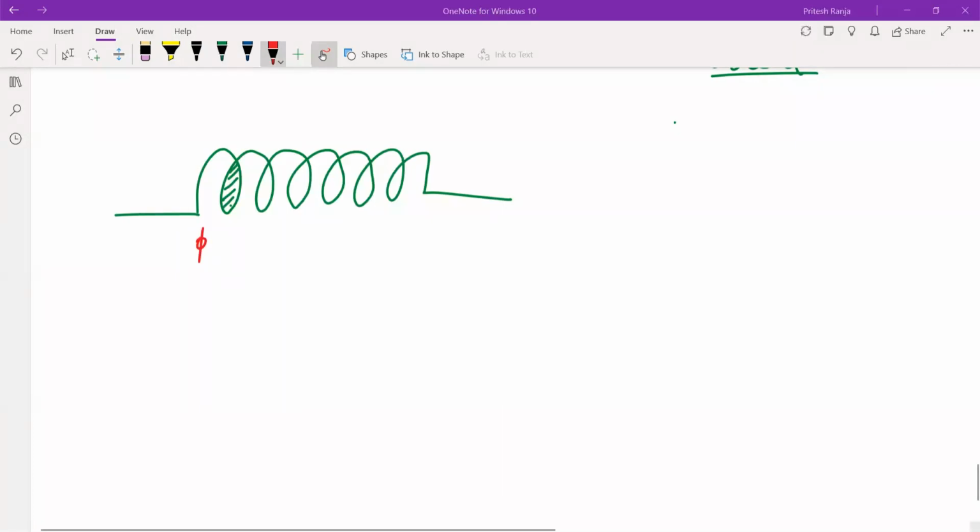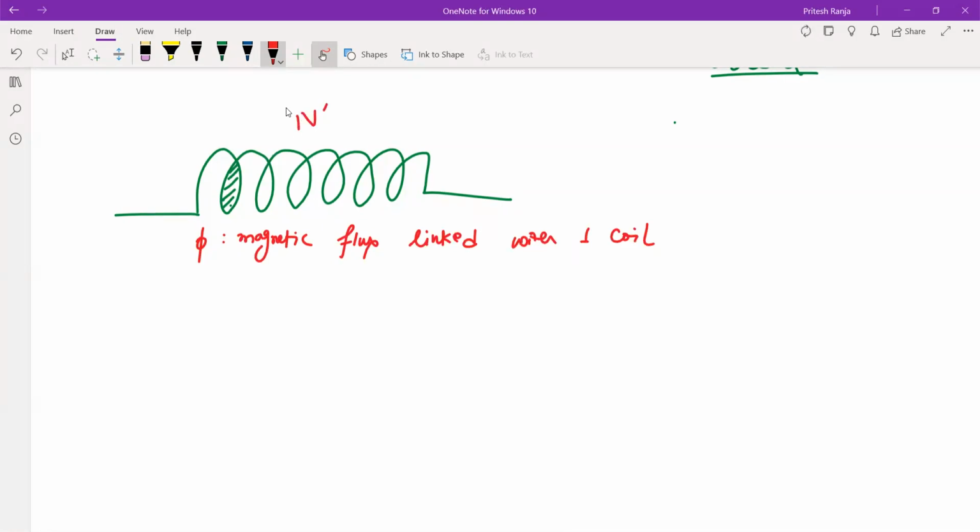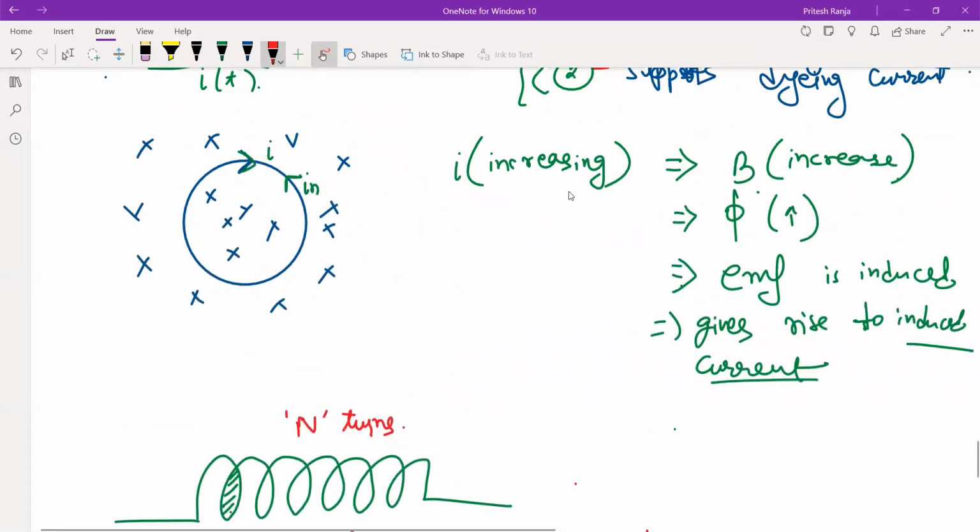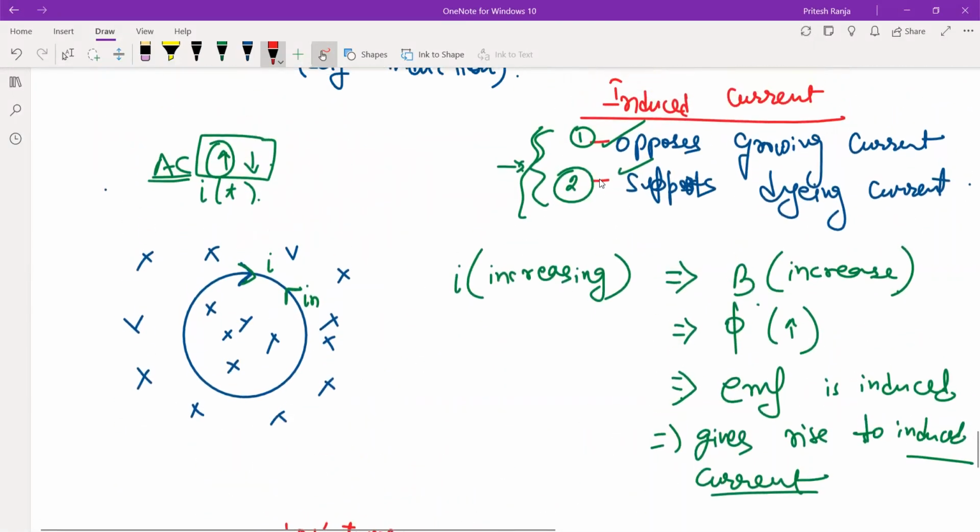So what is phi? Magnetic flux linked with one coil, right? And we will consider that there are n turns. How many turns are there in this? There are n turns. Okay, write it down quickly. Then we will see all about inductance and inductor.